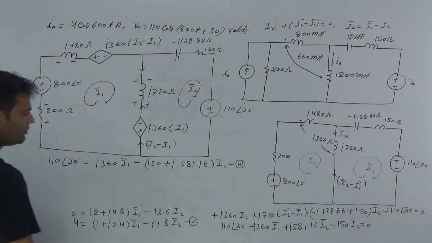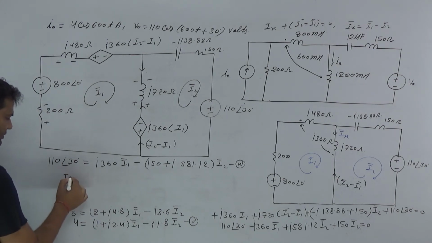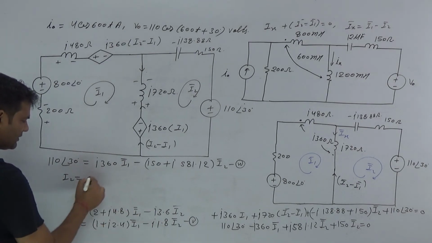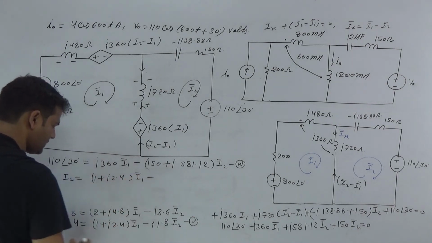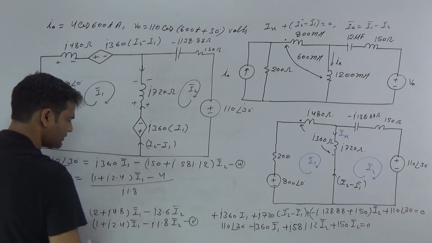From 1 and 2, our motto is to determine I1 and I2 both. So it is better to write equation number 1 in terms of I2 or I1. If we write I2 in terms of I1, then I2 is (1 plus j2.4) into I1 minus 4, divided by j1.8.